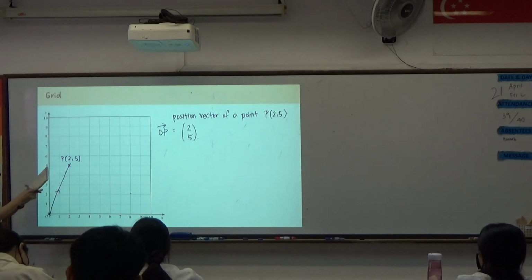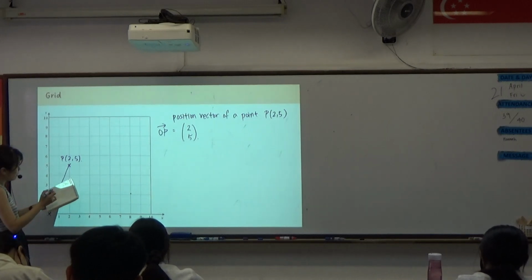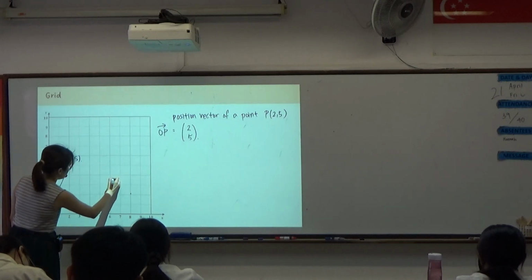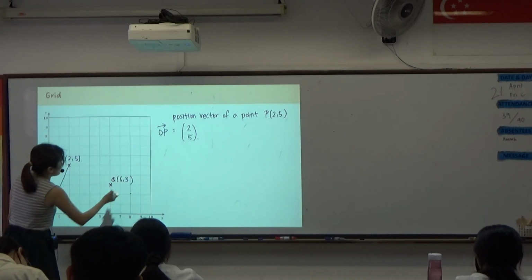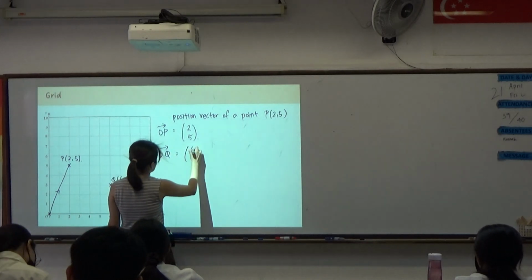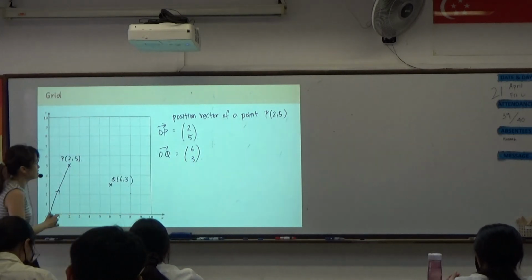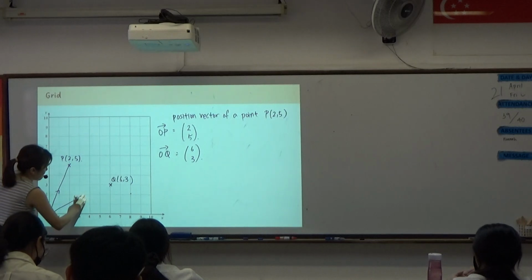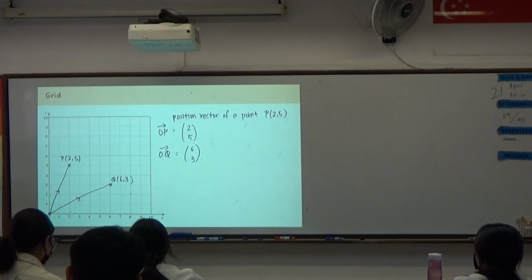Okay? So then if I have another point, let's say (6, 3), then the position vector OQ will be the vector (6, 3). Now, why are position vectors so important?